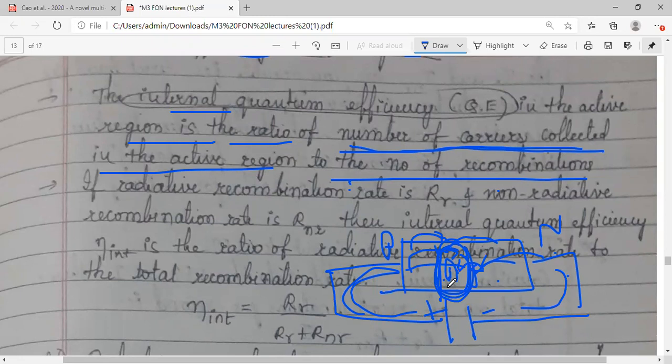Some may get lost, some may have less energy, some may not be successful in recombining. Only a few may get recombined. That's why, of the supply, it is not necessary that all will recombine. That's why it is the ratio of carriers collected to the number of recombinations in the active region.